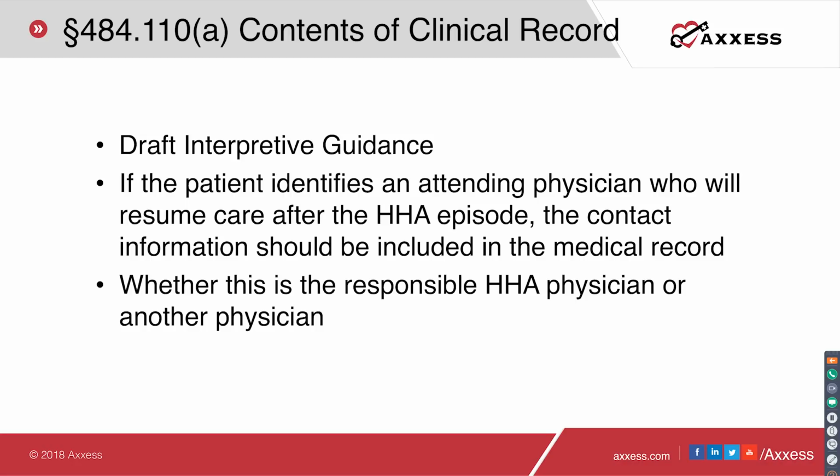And that doesn't matter if they are the responsible agency physician or not. As far as signing orders, they still want this attending physician to be documented so that after discharge you can send a summary to this physician letting them know what has happened, and that again is for continuity of care.